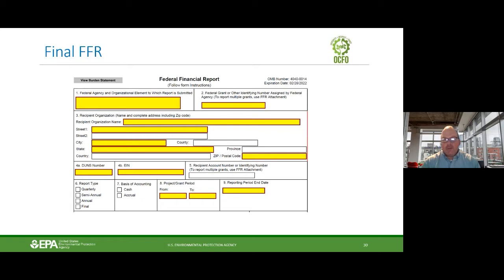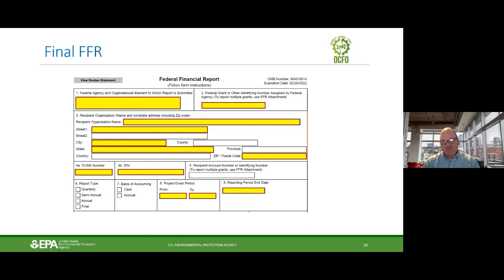So 3/31, 6/30, 9/30, and 12/31. So for instance, if I had an annual report that was due, and let's say my budget period ran from 8/1 to 7/31, my reporting period end date that they want for an interim report would actually be 6/30. It would be the nearest prior quarter. Since the grant ends on 7/31, then 6/30 would be the nearest quarter that passed.